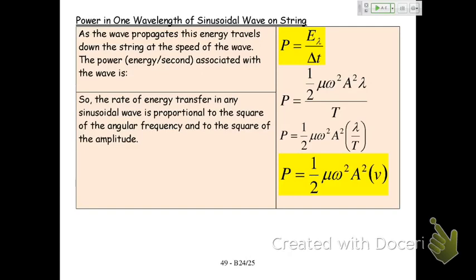If you have that amount of power and the time interval for one wavelength is one period, then you can say, hold on, this is lambda over T, and lambda over the period is the velocity of the wave. So they make this new equation, but really it's just applying a standard equation to what we just had.